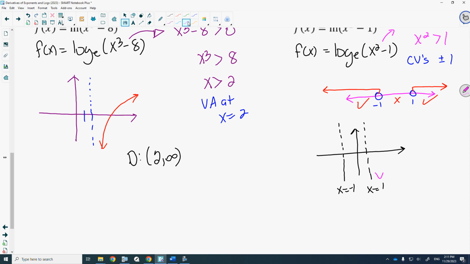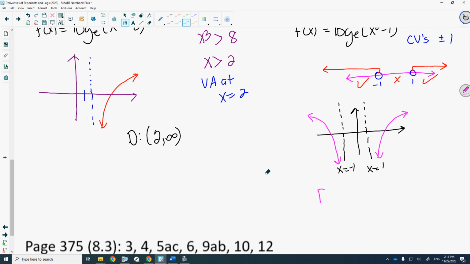So over here, my log graph would look like this. And on this side, my log graph would look like this. How we write the domain of this is if I look at my number line, I'm going from -infinity to -1, union 1 to infinity. That would be the domain of the graph.